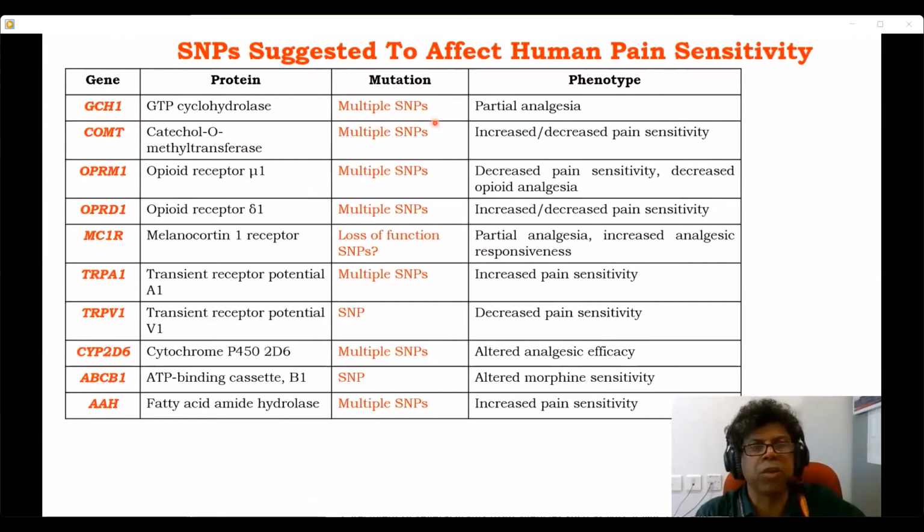For example, with GCH1, if you have multiple SNPs, there is partial analgesia. For catechol-O-methyltransferase, there are SNPs that either increase or decrease pain sensitivity, and so on. These SNPs are very important to determine whether the patient is eligible to take drugs which target these particular enzymes or proteins.